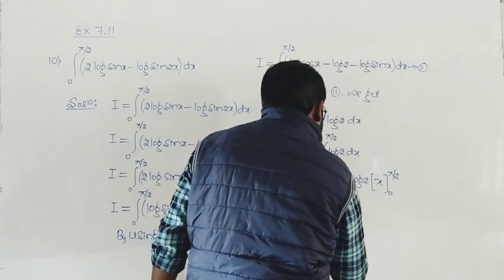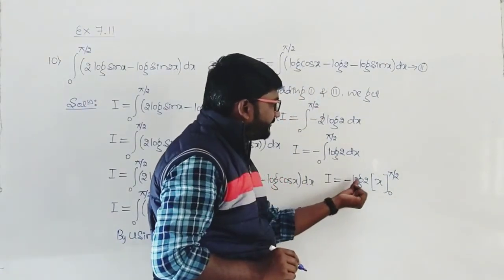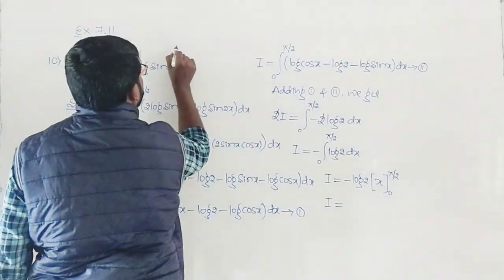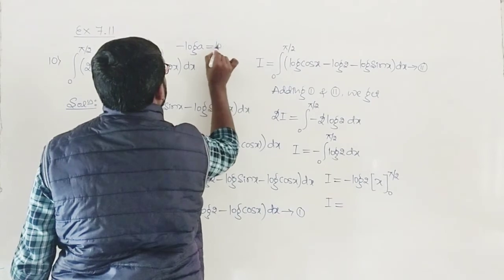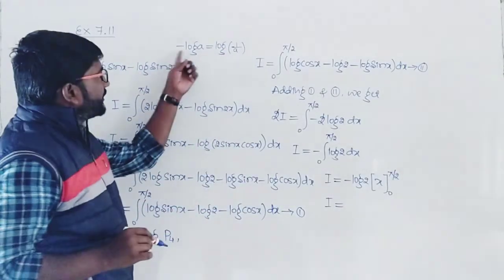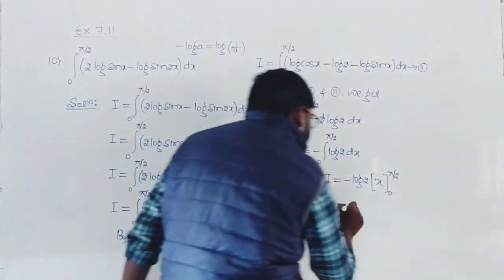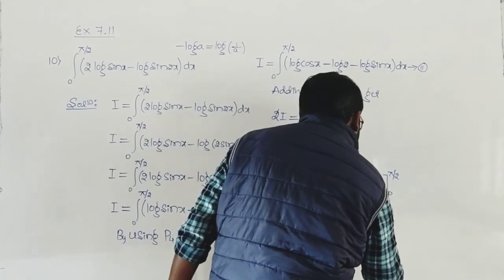So I is equal to, if you remove this minus sign, we have to take the reciprocal. We have the property, what is the property? Minus log a is equal to log 1 by a. It is in the form of minus log a, so it can be written as log 1 by a, that is log 1 by 2.